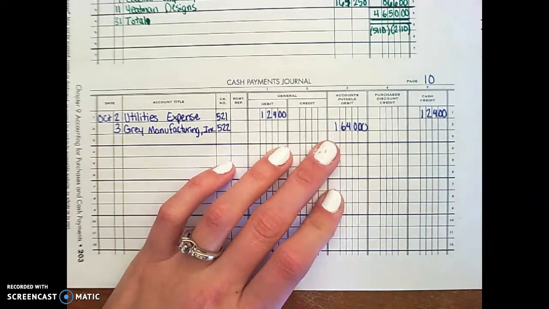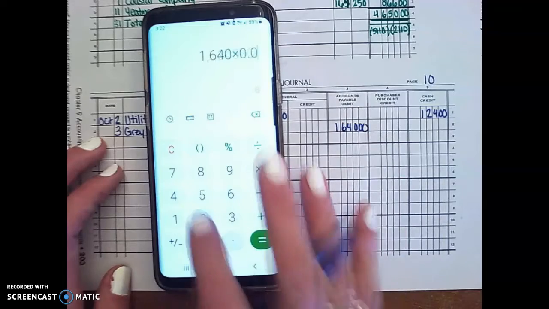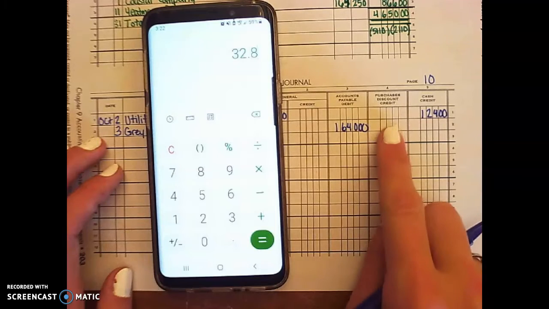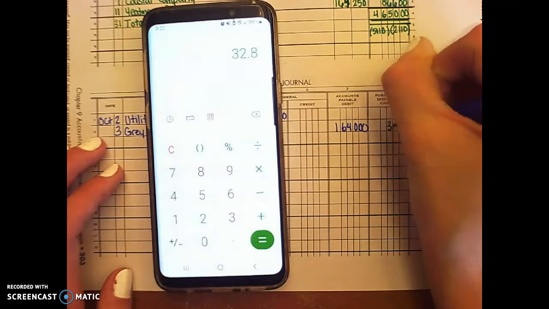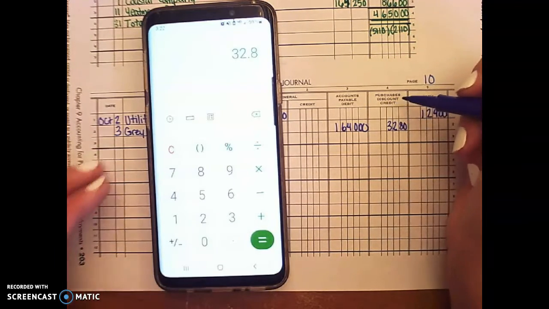Now, we are getting a discount off of that, so $1,640. And if we take it times 0.02, which is 2%, we're going to get a discount of $32.80, and that's going to go in our purchases discount credit column. So purchases discount is a contra account to purchases.